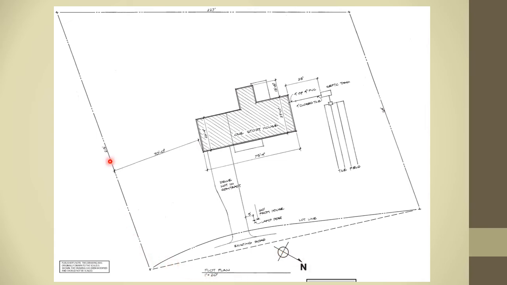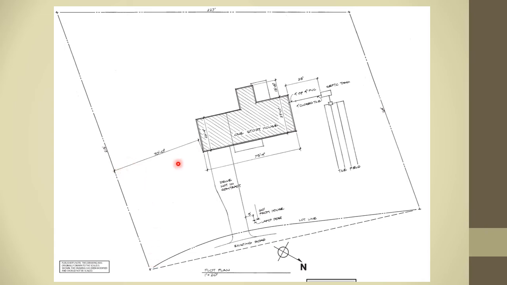Now, it shows me the property lines and their dimensions, but it doesn't show me the bearings, the direction that they are going. If you had to lay this out in the field, you would be missing data. Notice the lot line here doesn't have a dimension, but it does show the general shape of the building.